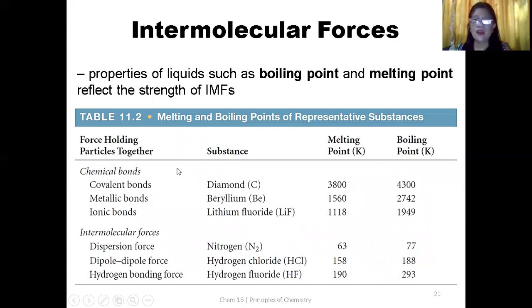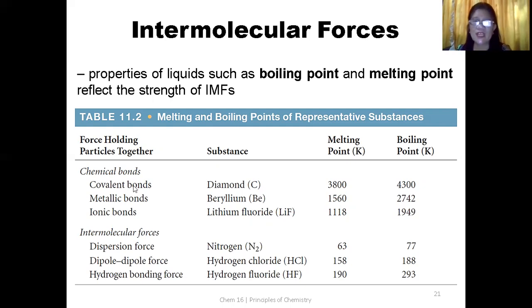So here are different substances and their bonds. Let's look at which has the higher boiling point or melting point and compare. What kinds of bond? Under chemical bond, there are two common ones, covalent and ionic, and sometimes metallic.